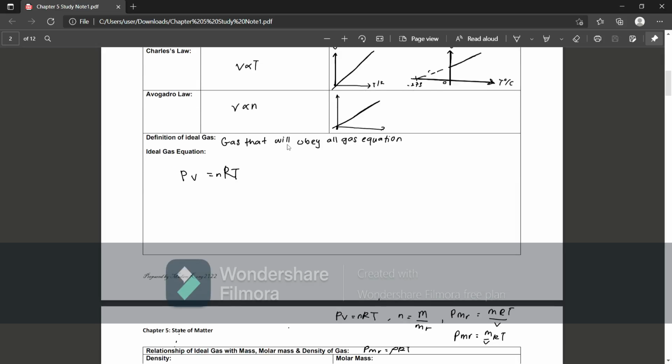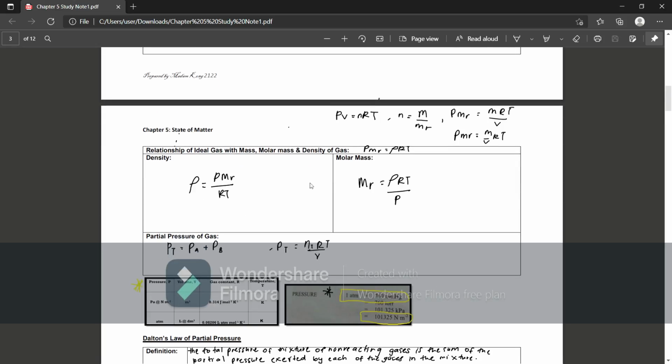So the ideal gas equation is PV equals nRT. So the relation of ideal gas with molar mass and density of gas: PV equals nRT, and the number of moles is mass over molar mass.